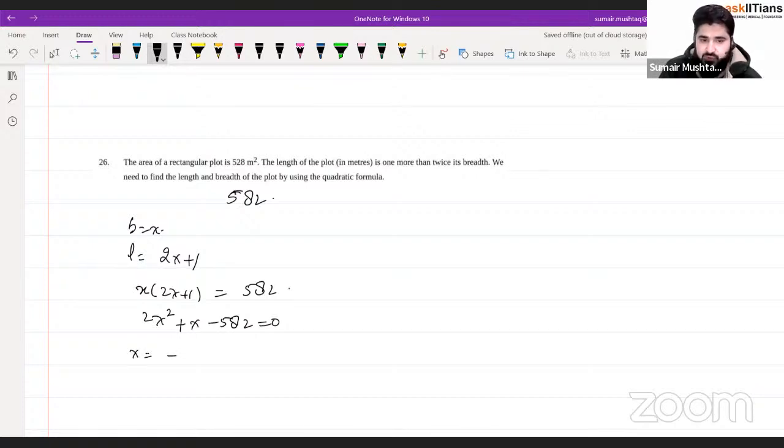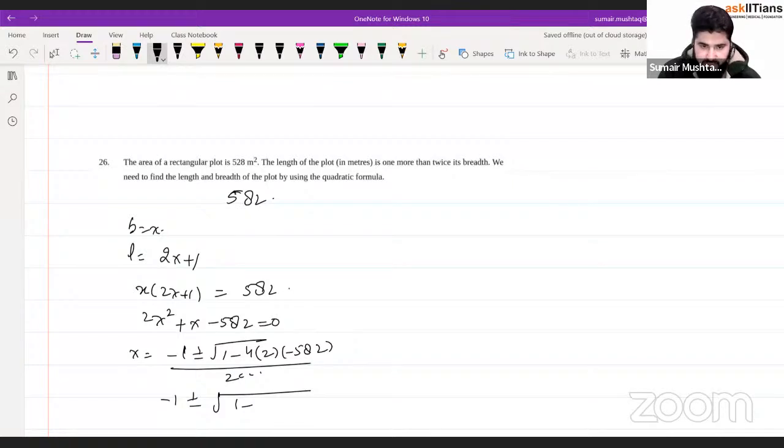The x is equal to minus b plus minus root of b square minus 4ac divided by 2a. This will be equal to minus 1 plus minus root of 1 minus 4 into 2 into minus 528.